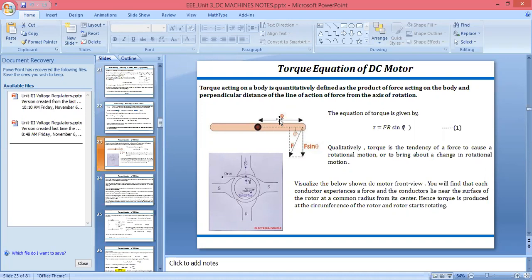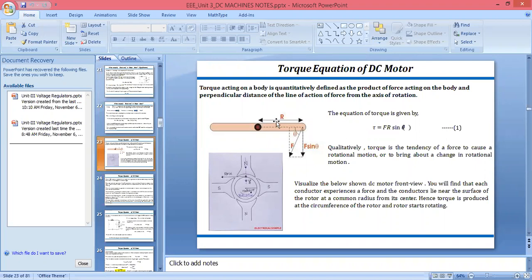When the armature rotates, torque acts on the body, and it is defined as the force acting on the body and the perpendicular distance, which is nothing but the radius of the rotation. So we can calculate torque as the product of the force acting on the body and the perpendicular distance of the line of action of the force from the axis of rotation of the armature.